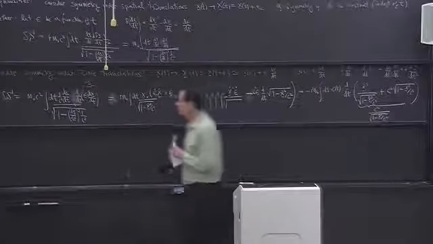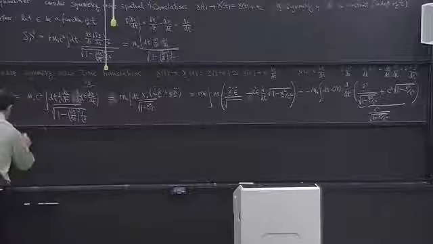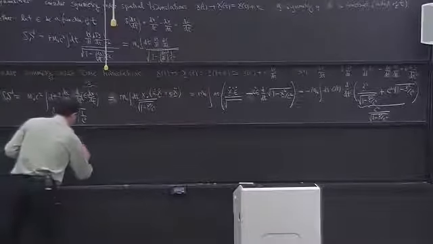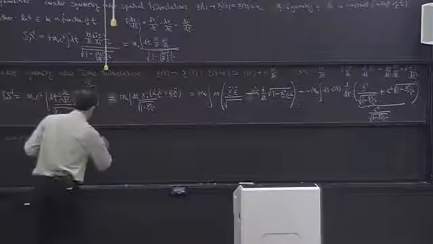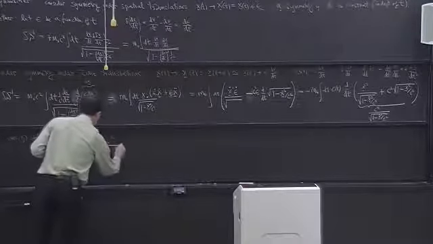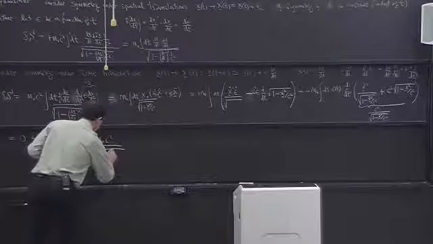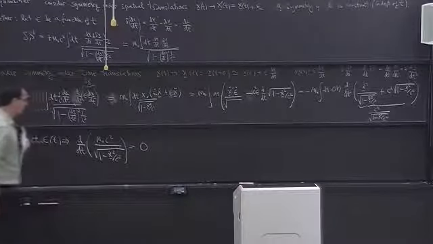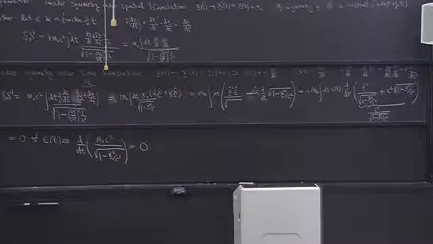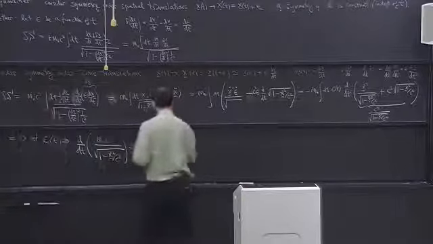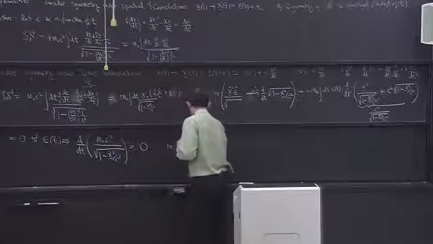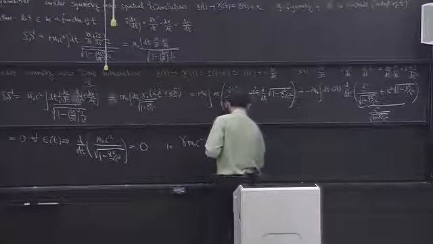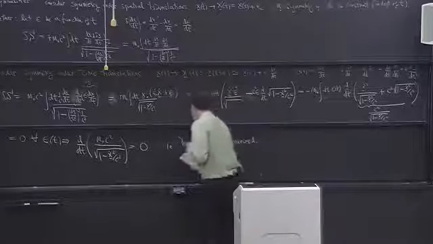So it follows that this equals 0 for all epsilon of t. So it follows that d by dt of m naught c squared over square root 1 minus x dot squared over c squared equals 0. And what is that quantity? Well, that quantity is just gamma m naught c squared, which is conserved.